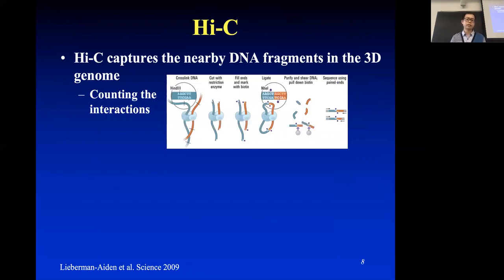Only recently, I think maybe 5 years ago, people found a way to really study the interactions on the whole genome scale. The experiment for studying this is called the Hi-C experiment. The idea of Hi-C actually is not that hard. The first key concept for designing this experiment is that people already know there are many restriction enzymes. A restriction enzyme is a special protein which can recognize a motif on the DNA, and wherever it recognizes the motif, it will cut it in two.